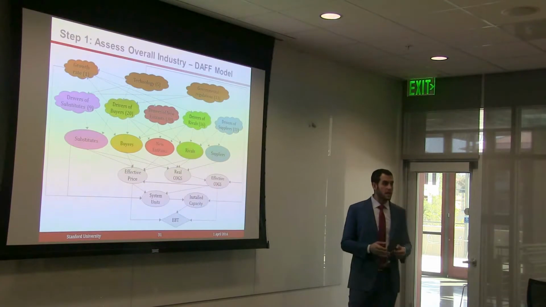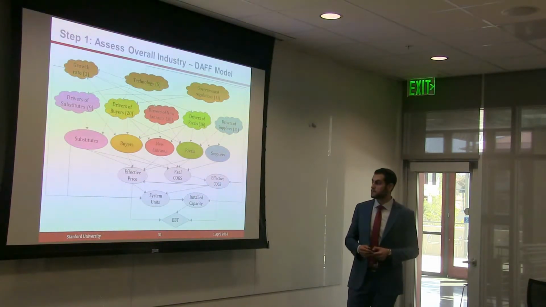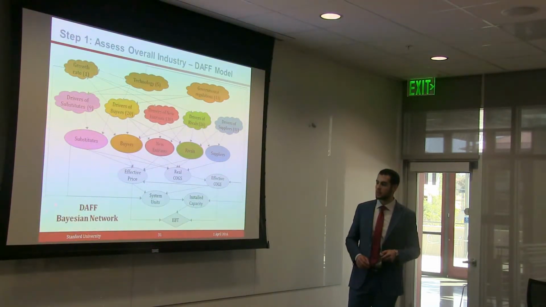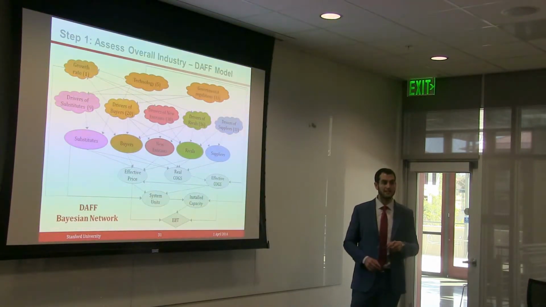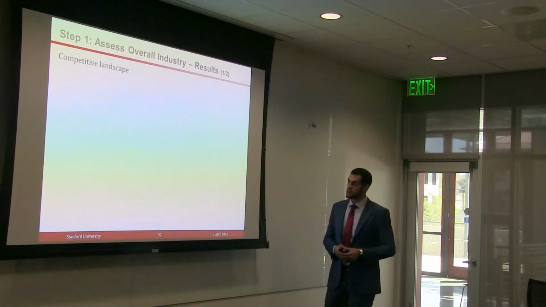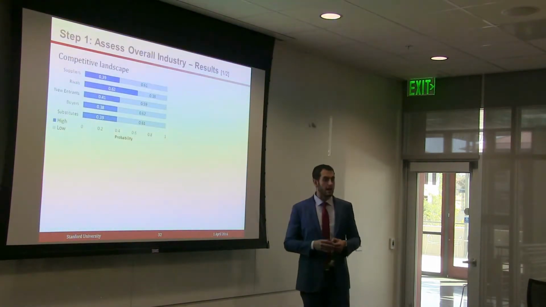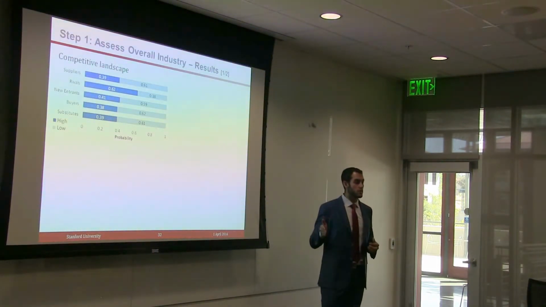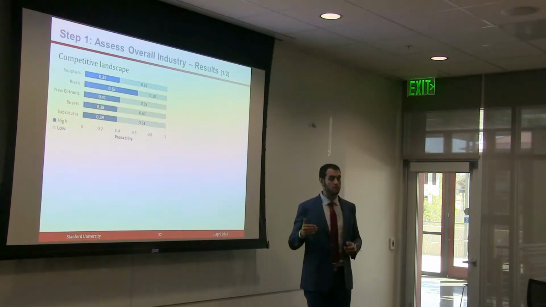So, what kind of results does this model give me? By the way, this is something that we call a DAF Bayesian network because we don't have any decisions yet. The first result is over the competitive landscape. I get a probability distribution over the power of each competitive force.